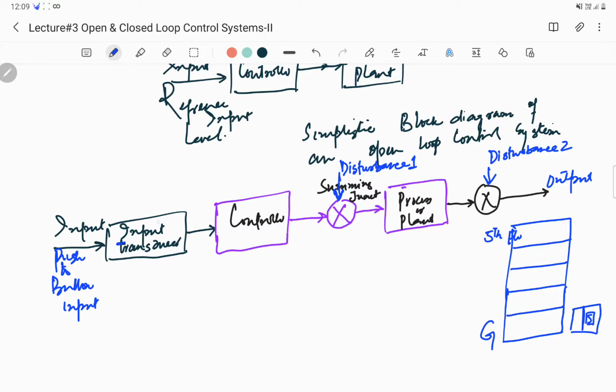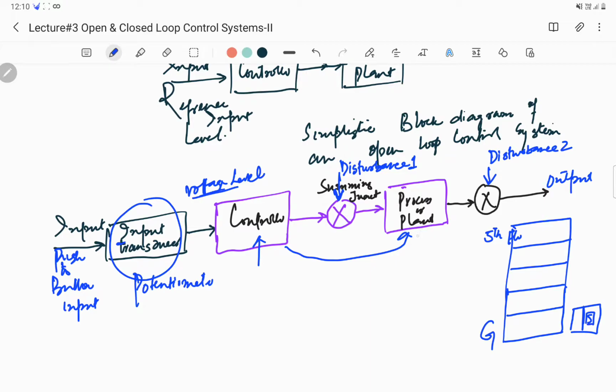the input transducer converts this push to an electrical signal, because our controller may not be able to understand the physical push. The input transducer can be, for example, a potentiometer, which converts this push to some voltage signal or voltage level, and that voltage signal is fed to the controller, and the controller then feeds that signal to our process or plant.